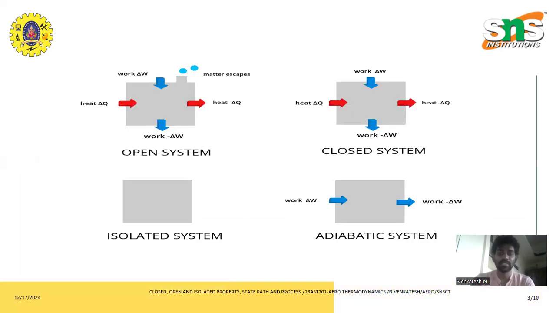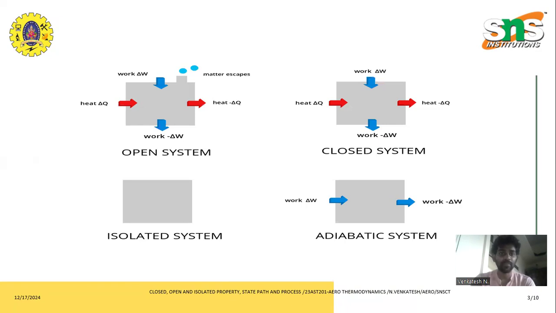This diagram explains what an open system, a closed system, an isolated system and an adiabatic system are. Figure 1 is an example of an open system in thermodynamics.